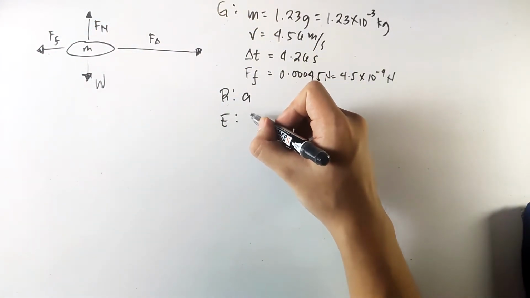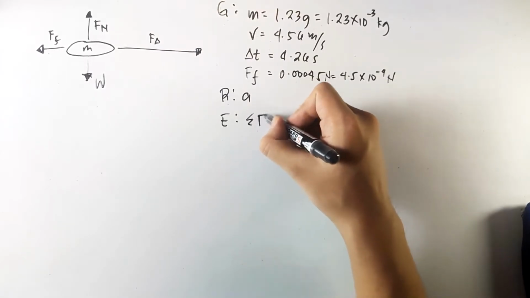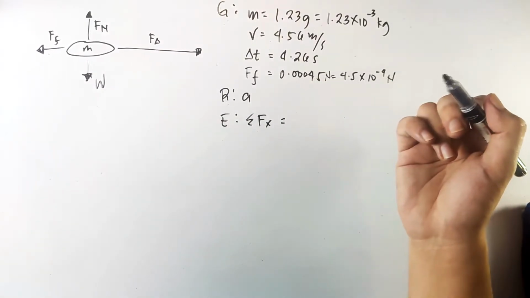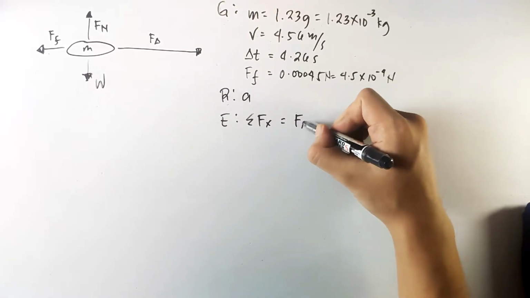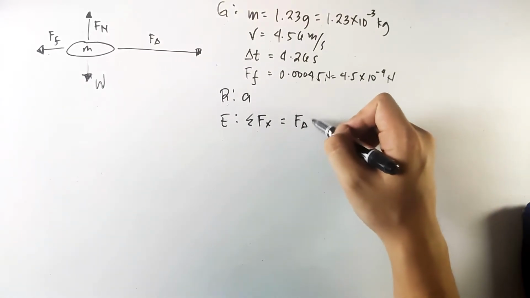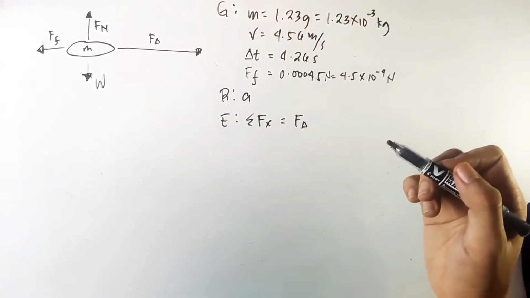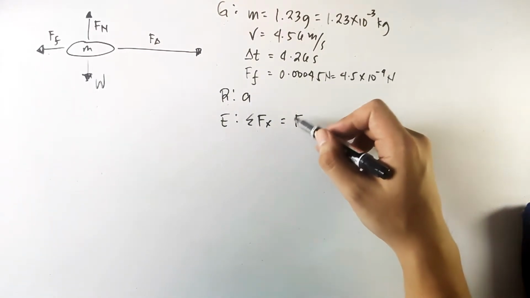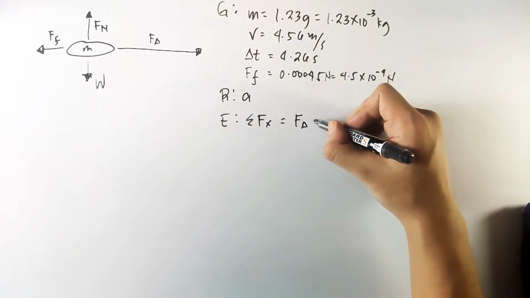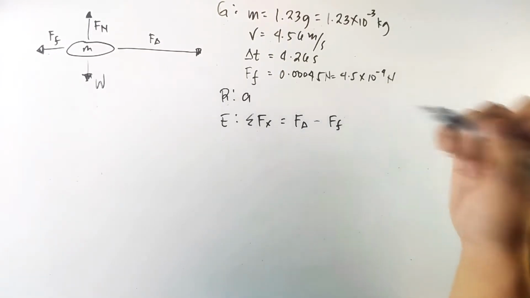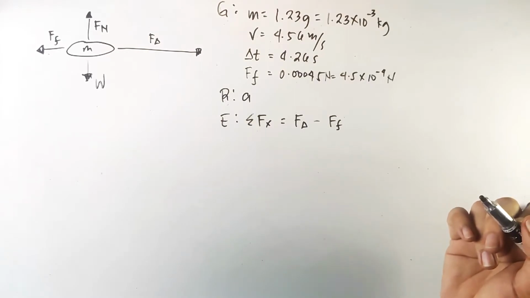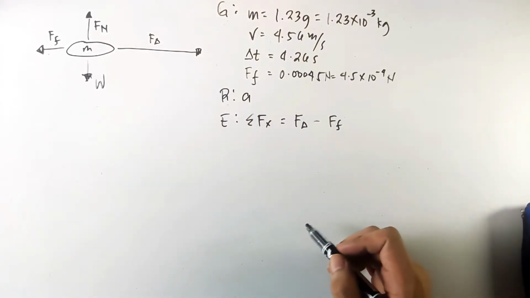So the summation of forces on the x-axis would be equal to the applied force. Of course, that would be the first one to write, because we know that it's accelerating. According to the problem, it's accelerating, so it must be the bigger number. Then it is subtracted by the friction force, which has a certain value.